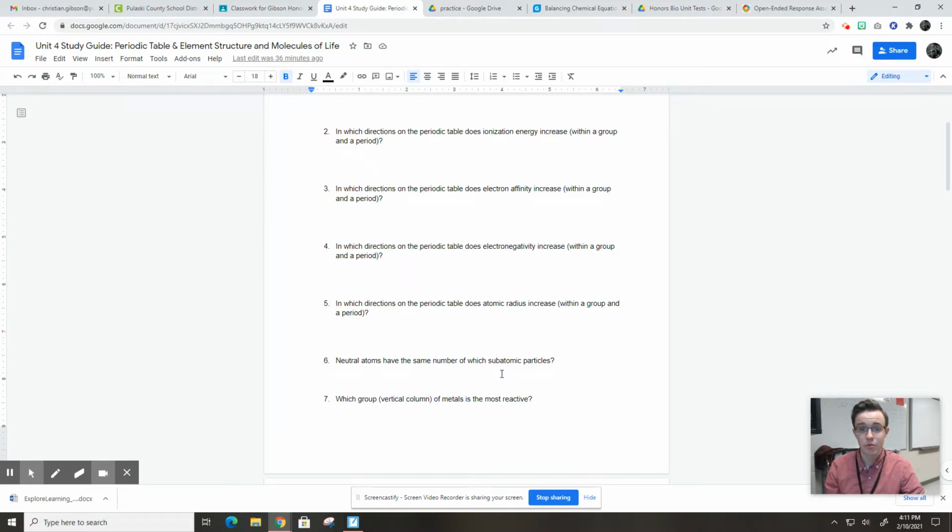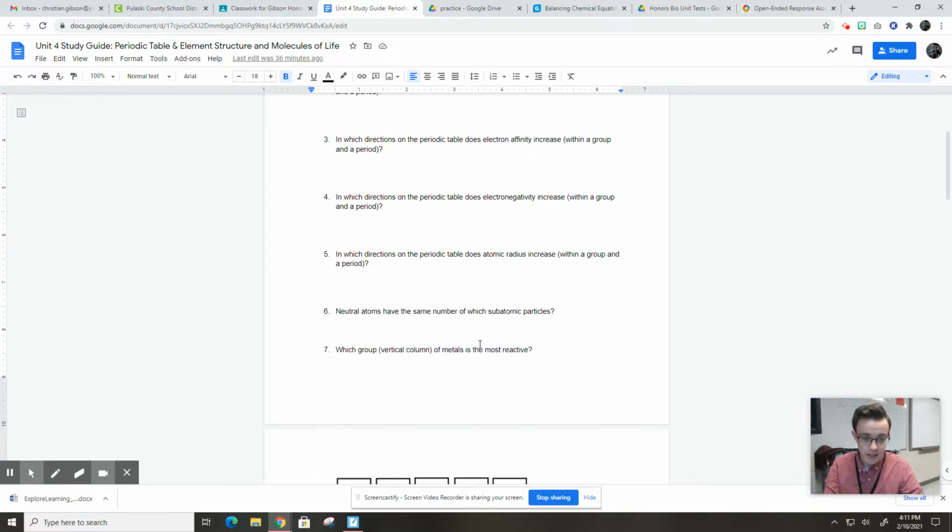Electronegativity is a quality for basically how much an atom will want to pull electrons closer to itself when it's in a compound with another atom, and noble gases don't ever form compounds because they're stable. So electronegativity increases up and to the right with the exception of the noble gases.